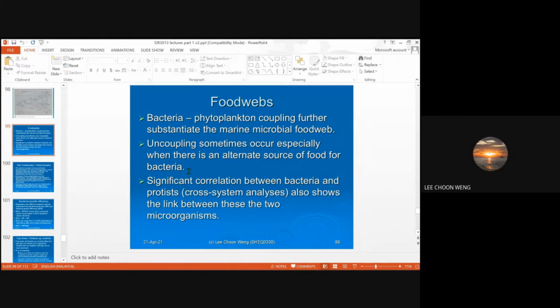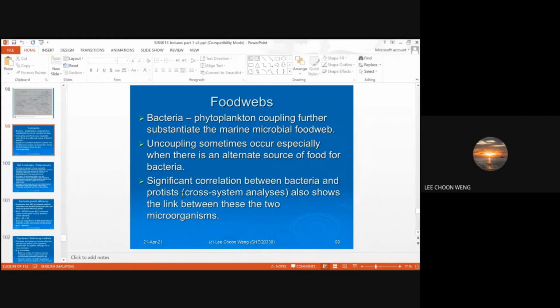Although we know that there are autotrophic bacteria in the seas, their numbers are usually too small to play a big role in the food web. Okay, so from correlation analysis, you can show the linkage between the organisms.